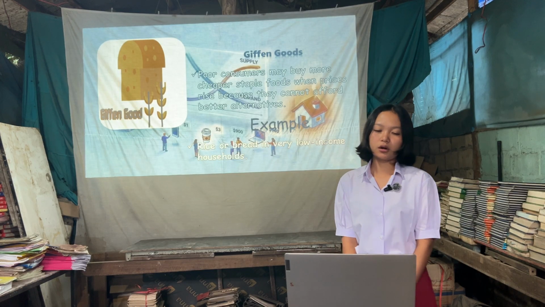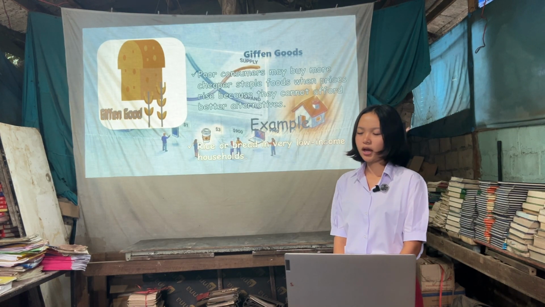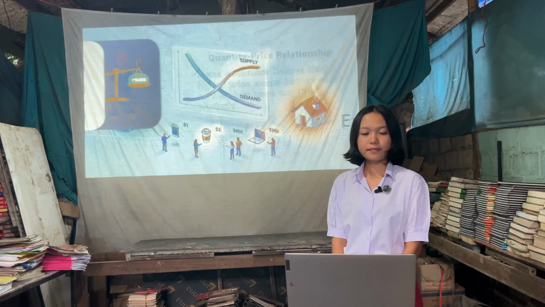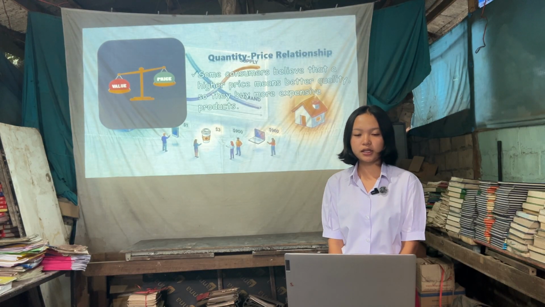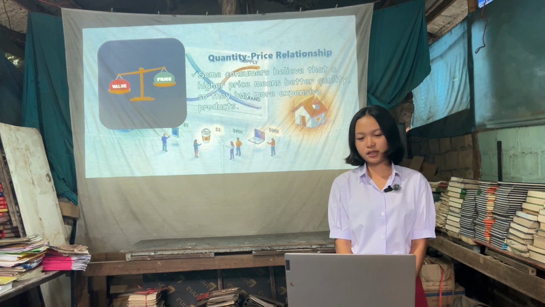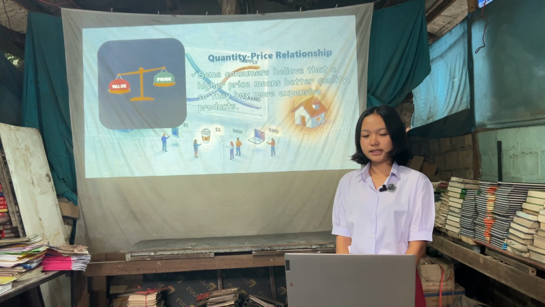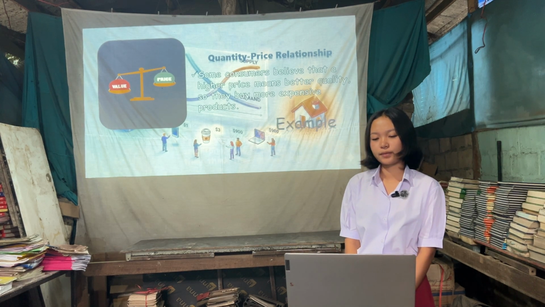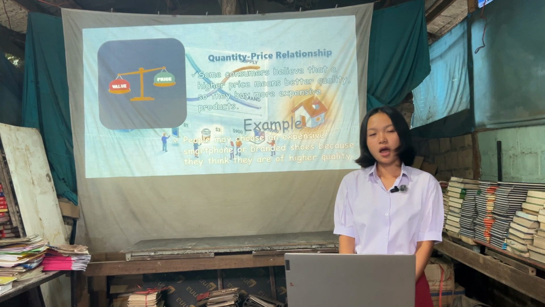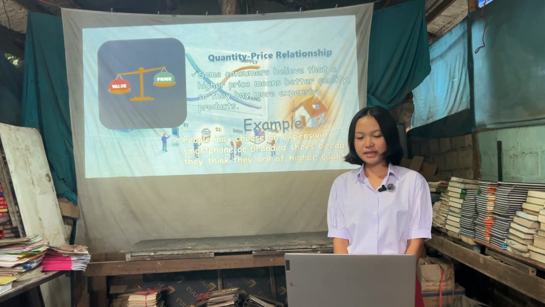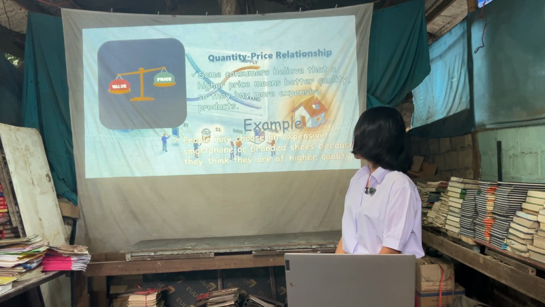For example, rice or bread in very low-income households. The last one is the quality-price relationship. Some consumers believe that a higher price means better quality, so they buy more expensive products, like an expensive smartphone or brand shoes, because they feel they are higher quality.